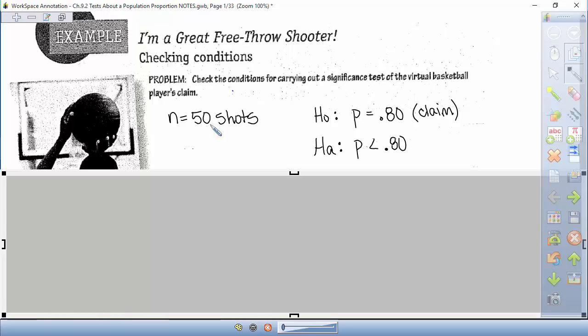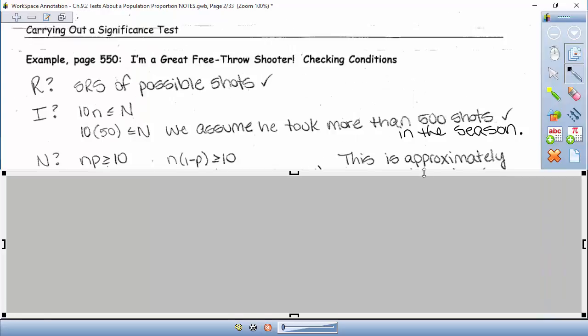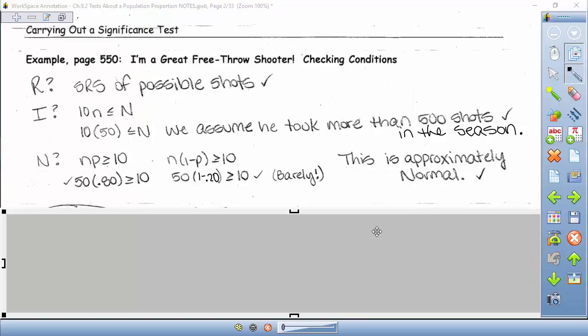Is it bigger than 10? It is 10. But you know what the formula says? Greater than or equal to. So you're okay. I put 1 minus 0.20, that didn't make sense. I'm so sorry. That should be an 80 right there: 1 minus 0.80.